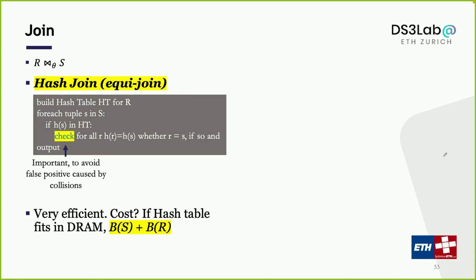If the hash table slot is empty, then there's no match for sure. If the slot is not empty, assuming you are doing open hashing, you check every single element with the same hash value. If there's a match, you return it.